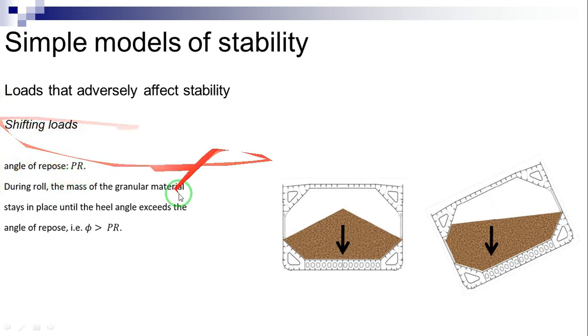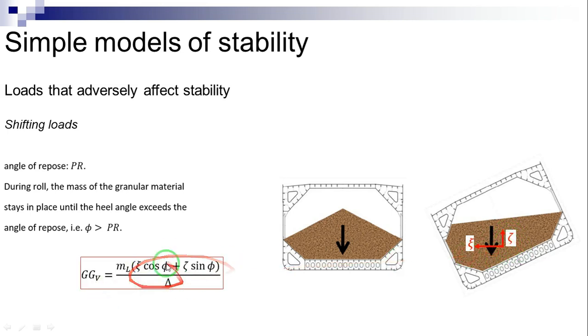During roll, the mass of the granular material stays in place until the heel angle exceeds the angle of repose, i.e. phi greater than PR. Then the granular load slides suddenly and its center of gravity moves horizontally a distance xi and up a distance zeta vertically. We can calculate the change of the center of gravity using this equation.